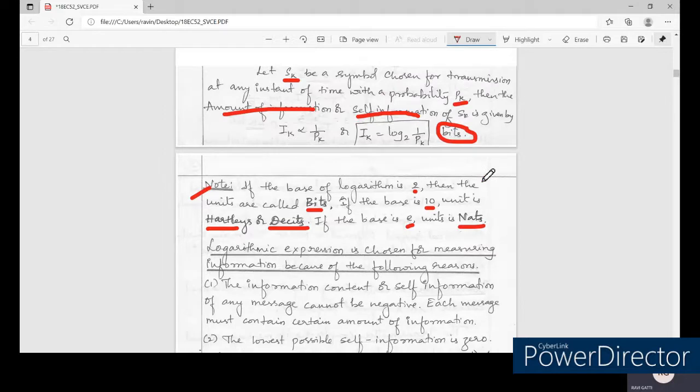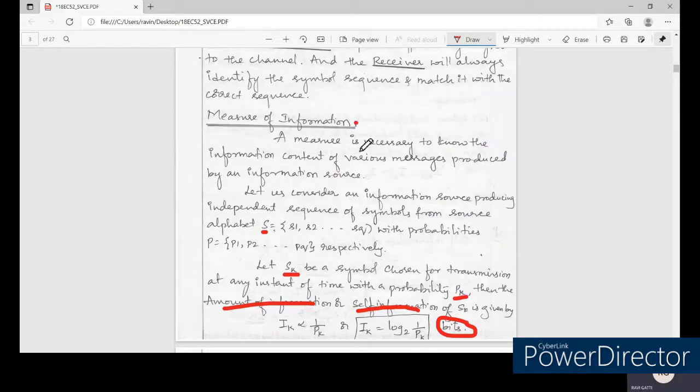Okay, so this is all about your measure of information. I just want to summarize. The measure of information is nothing but the amount of information produced by a particular source symbol with a probability pk. If you are considering the emission of source symbol sk with a probability pk, then the amount of information conveyed by sk is represented by Ik, that is self-information, which is given as log of 1 divided by pk.